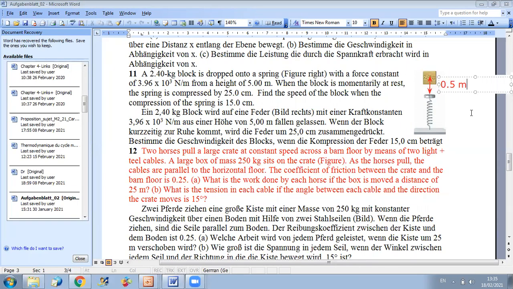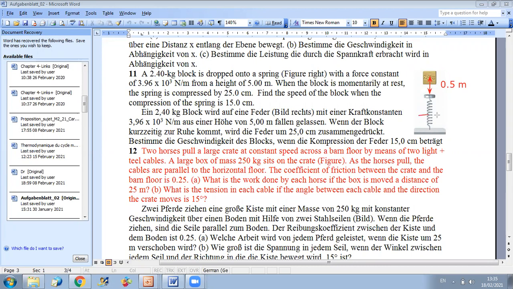Once it's released, it will go down. Then the potential energy will be transformed into kinetic energy. Then, once it hits the plate, it will compress the spring. Now, at the final state, it will compress the spring until a state where velocity will reach zero again.